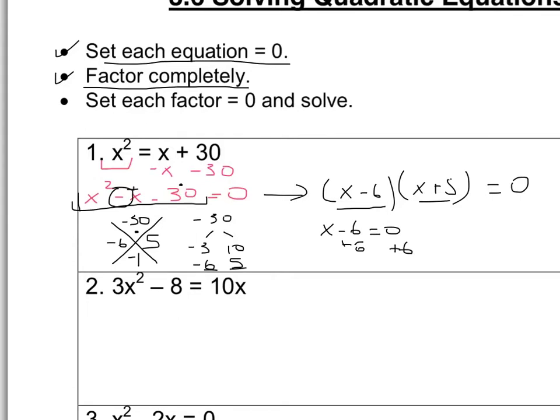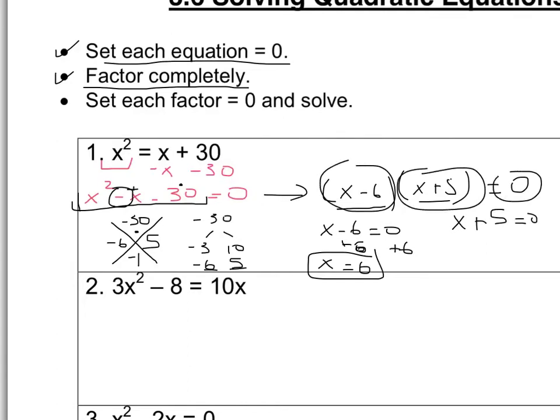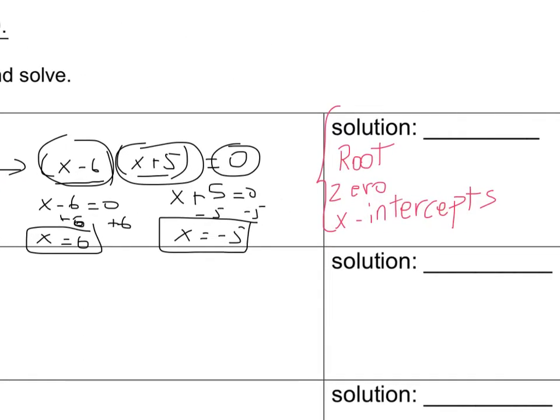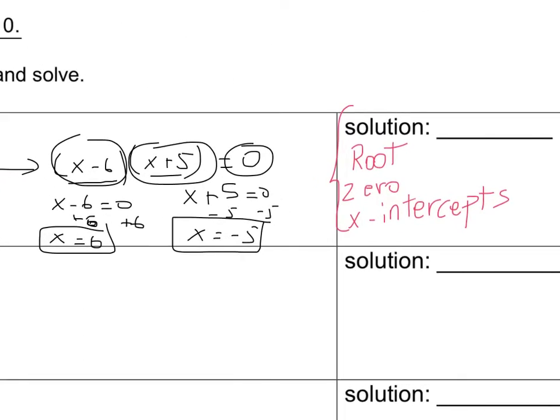So x minus 6 equals 0, so x is equal to 6, and you set the other one equal to 0, x plus 5 equals 0, so x is equal to negative 5. So these are the two roots, the two x-intercepts: negative 5 and 6.